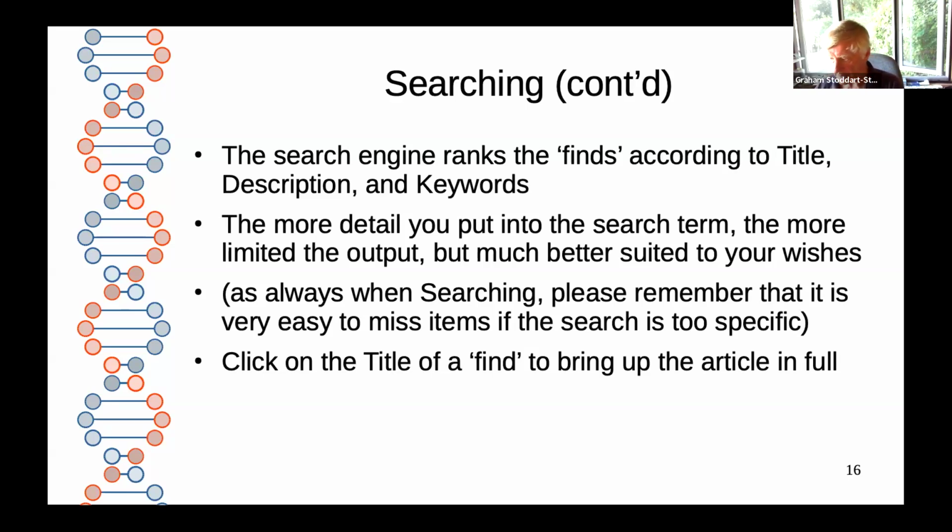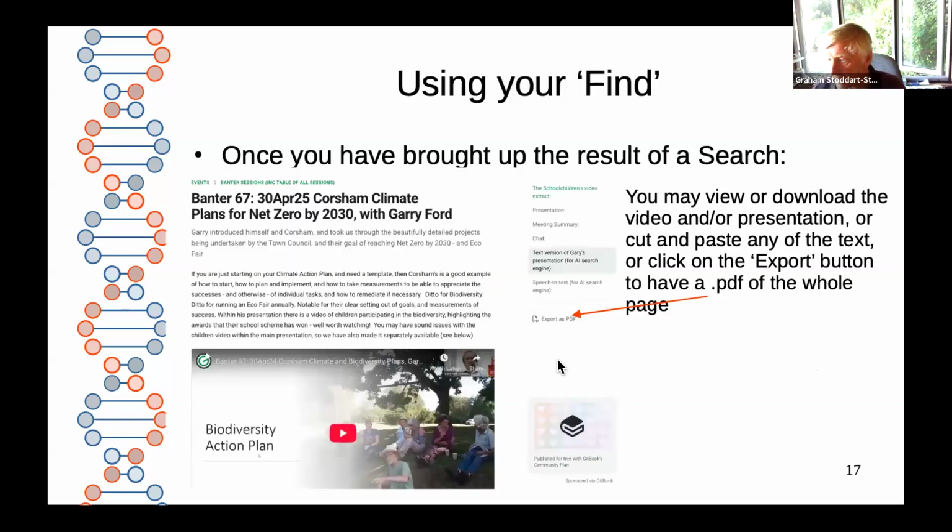And then again, a reminder: to see what you want to see, you click on the title and it brings up something like the left-hand side of this screen. Once you've got it here, there are several things you can do with it. If there's a video, as there is here, you can click on the start button and it'll start up and roll away.